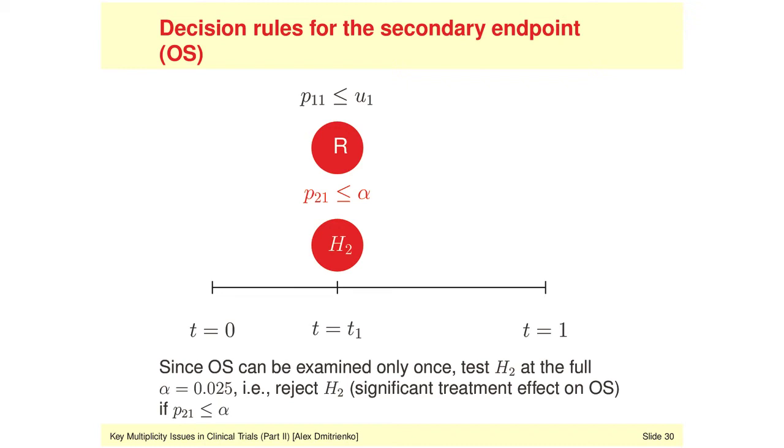Assuming that the study will be stopped at the interim analysis due to a superior effect of the experimental treatment on progression-free survival, which means that the hypothesis H1 is rejected, what will be the appropriate adjusted significance level that can be applied to the hypothesis H2? That's the hypothesis of no effect for overall survival.